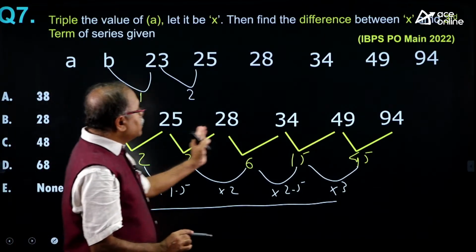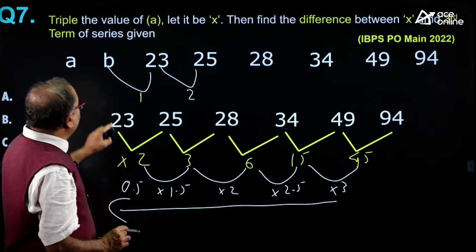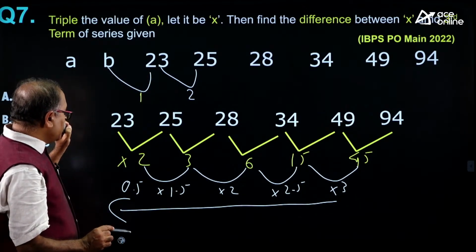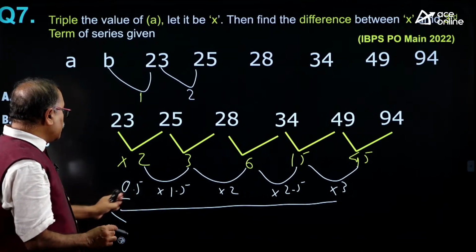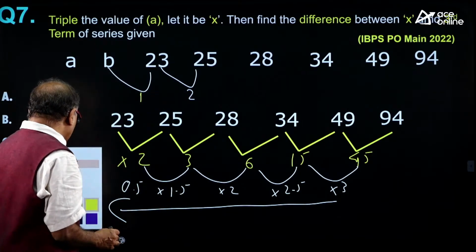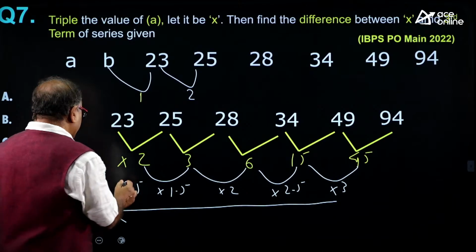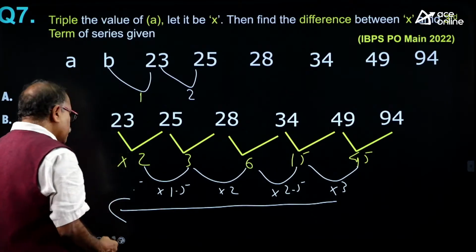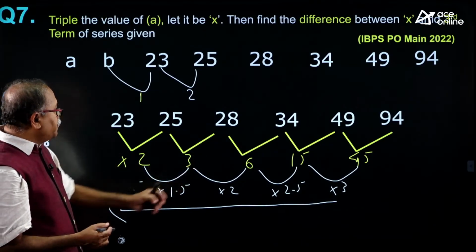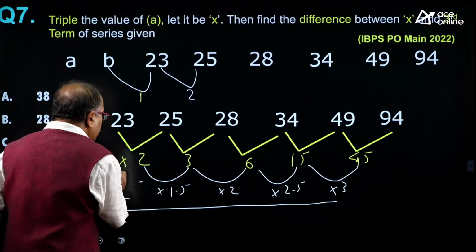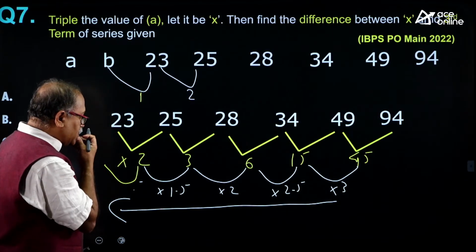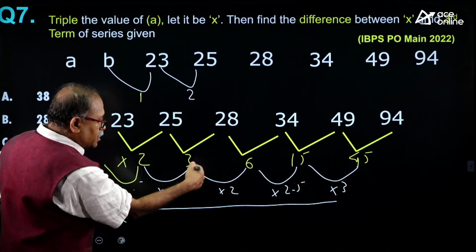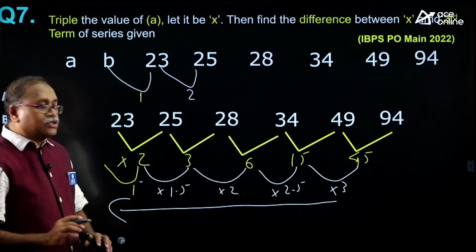So, every time the number is getting added. So, that is into 1.5, then into 1, then it should be into how much in that case? Into 1, every time it is decreasing by 0.5.